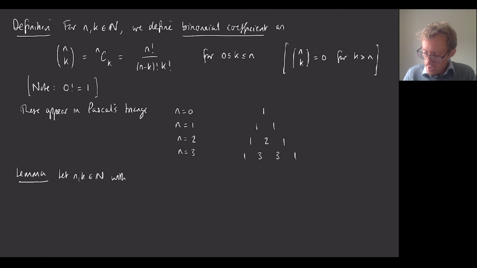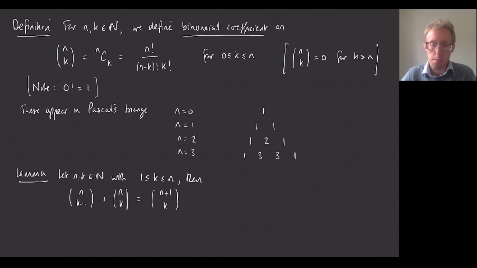I'm going to say that k is larger than or equal to 1, and n is also larger than or equal to k, just in order for what I write down to make sense. Then the statement is that n choose k minus 1 plus n choose k is the same as n plus 1 choose k.